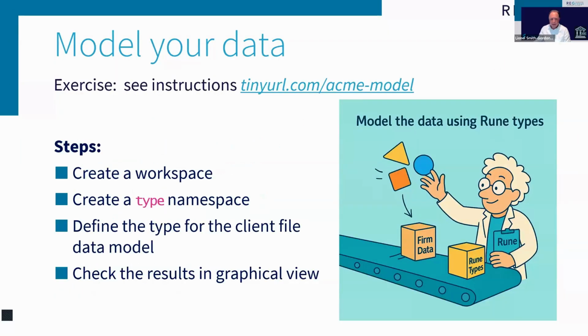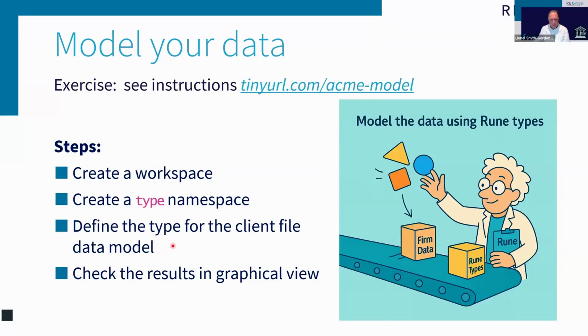I'll just give you a summary of the steps that we're going to go through. So we've asked you to, first of all, go into Rosetta and create a workspace. And then to create a namespace, and the instructions go into the detail of that.